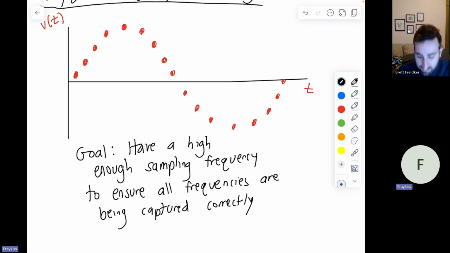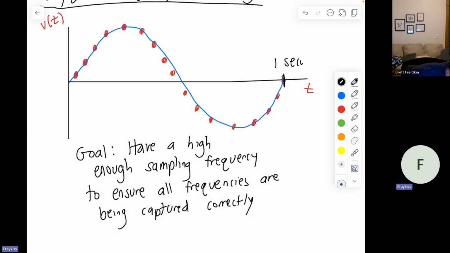And what I mean by that is, in this example that I had with the blue sine wave, let's say that this is a sine wave that occurs over maybe 1 second. That's the period. I am sampling pretty quickly in order to get all these data points.